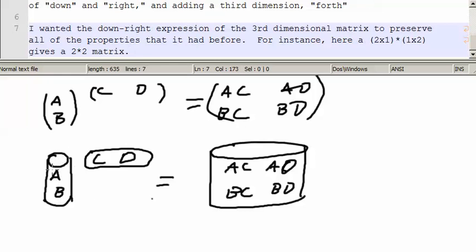I wanted the down-right expression of the third dimensional matrix to preserve all of the properties that it had before. For instance, here a 2 by 1 times a 1 by 2 matrix gives a 2 by 2 matrix.